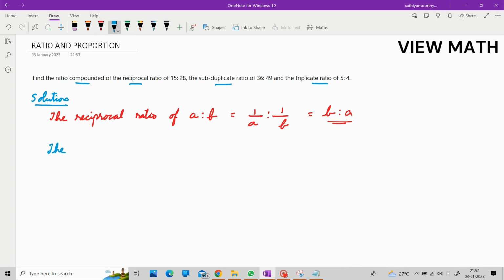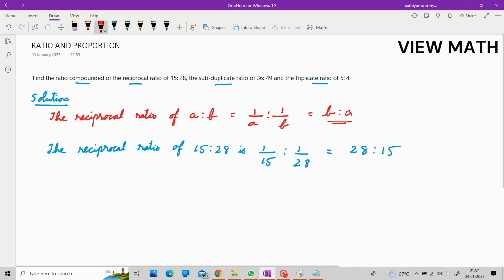The reciprocal ratio of 15 is to 28 is 1 by 15 is to 1 by 28, which is equal to 28 is to 15.